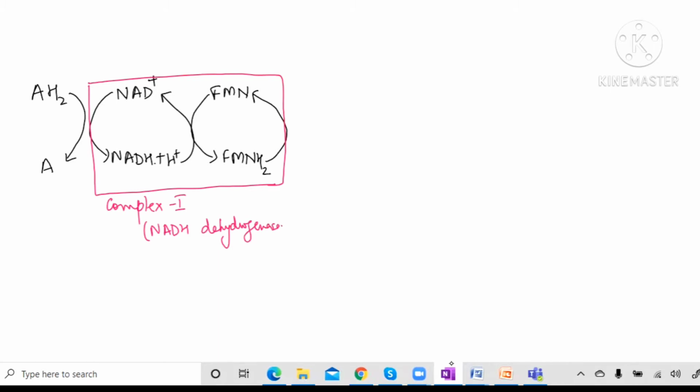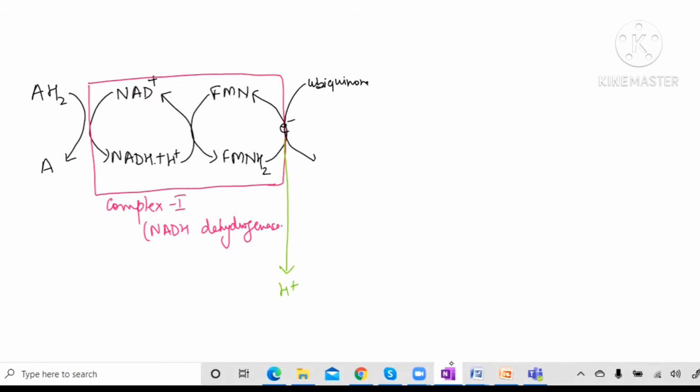It will give the electron to the next member, that is ubiquinone. The system gives only the electron, and it removes and accumulates the proton in the intermembrane space. Only the electron is given to ubiquinone.